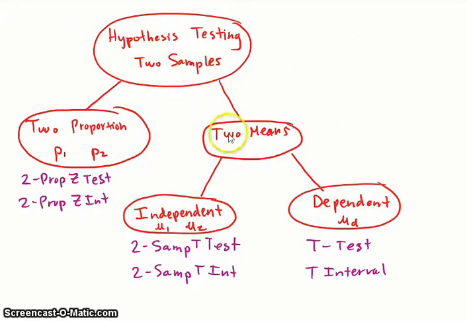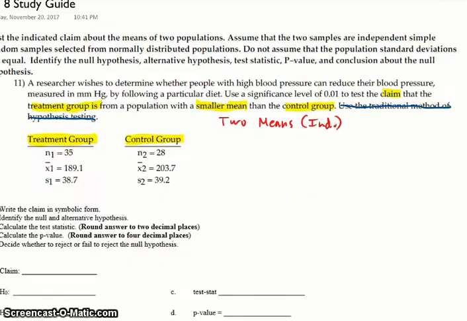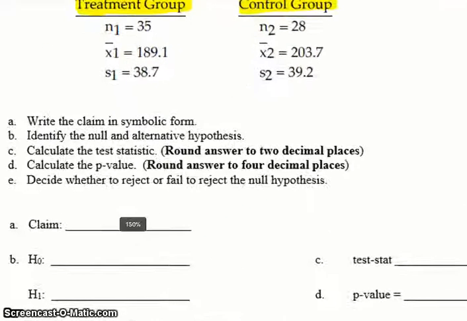Hypothesis testing for two samples, two means independent. Our claim and our null and alternative are going to contain these two notations, mu sub 1 versus mu sub 2. And we're going to use this function, 2-SampTTest. Okay, so back to our claim.